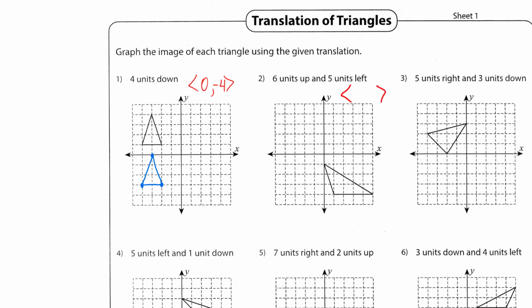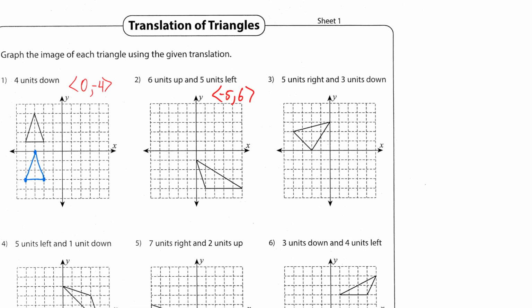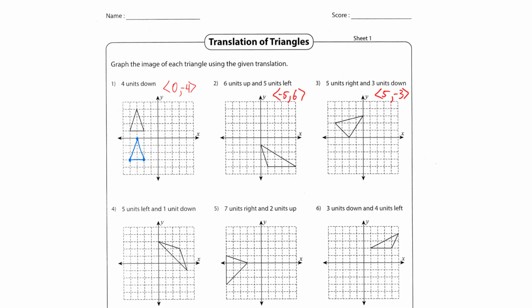Be careful because this one kind of switched. It says the up, then the left. So it's negative 5 and then 6. The next one says 5 units right, 3 units down. What would that be? 5, negative 3. I want you to do the translation and also write the vector on there.